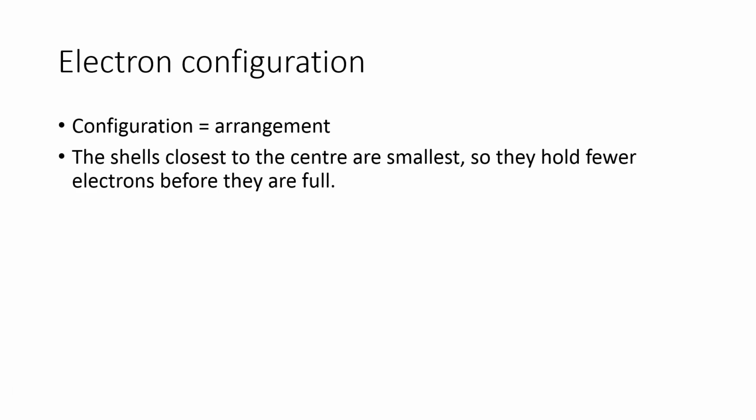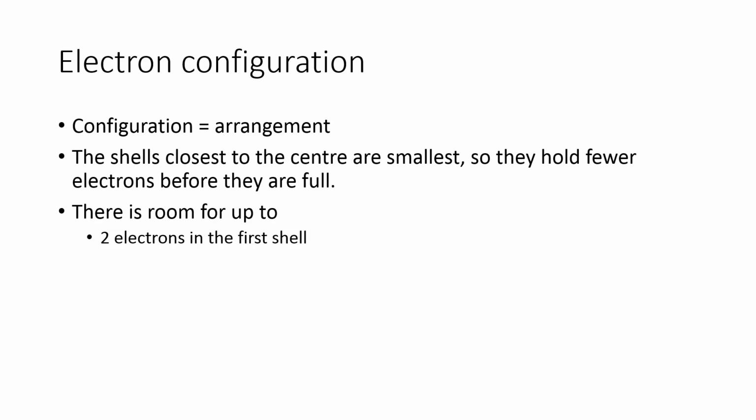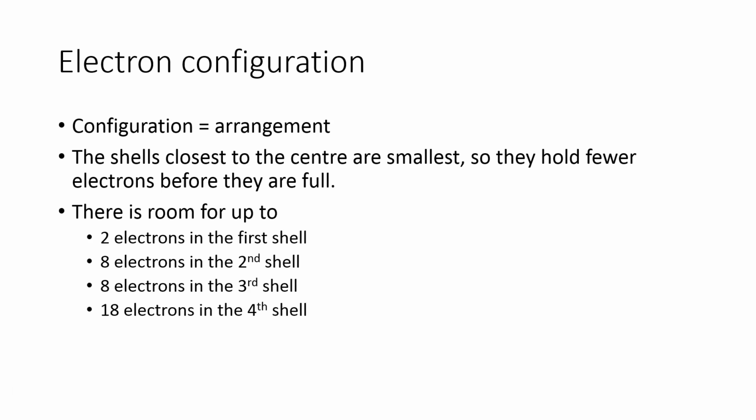First of all, the shells that are closest to the nucleus are smallest, so they hold fewer electrons before they're full. Think of a tiny little car like a Barina. You can't put very many people in it before it's full. There is room for up to 2 electrons in the first shell, 8 electrons in the second shell, 8 electrons in the third shell, and up to a maximum of 18 electrons in the fourth shell.